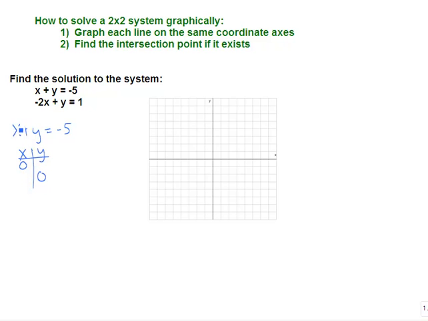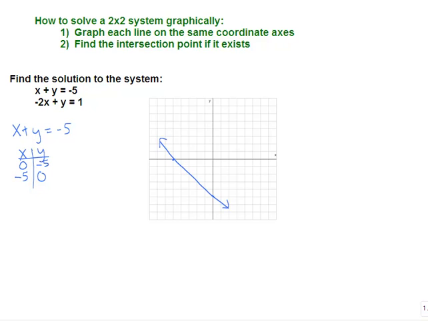Now if we let x be 0, then this x goes away and all we would have left is y equals -5. If we let y be 0, then the y goes away and all we would have left is x equals -5. So both intercepts are at -5. So 0, -5 would be this y-intercept down here, and -5 comma 0 would be this x-intercept, and my line is just going to be connecting these 2.